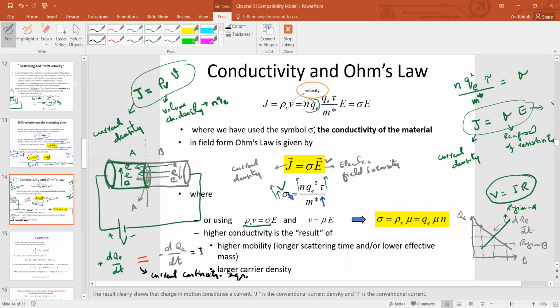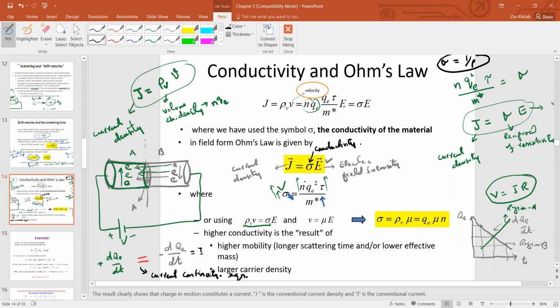And remember, we call this a kind of Ohm's law, because why? See, this J is current, this sigma is conductivity, and conductivity is the reciprocal of resistivity.